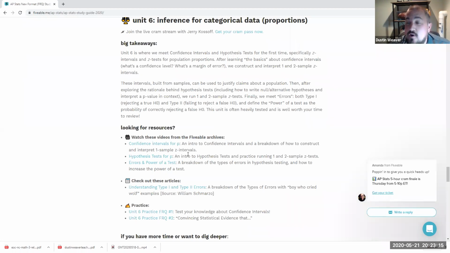So when you reject the null, the power of the test is the probability that you did that correctly. So we want the power of the test to be really high. One way we can make the power of the test really high is to get a large sample size, right? So the bigger our sample, the more power we have there.